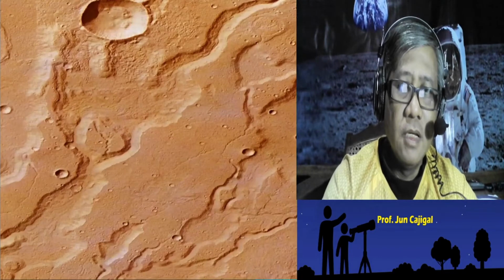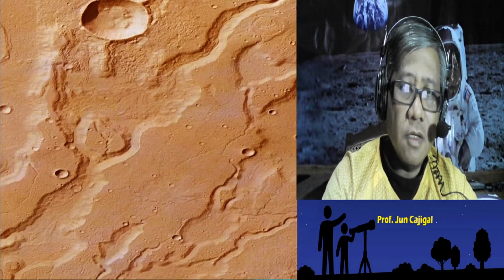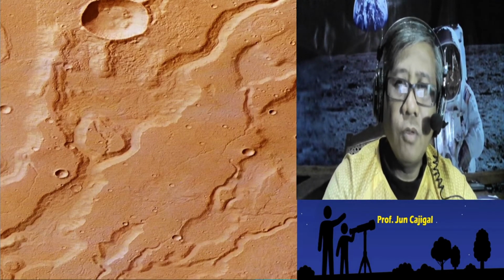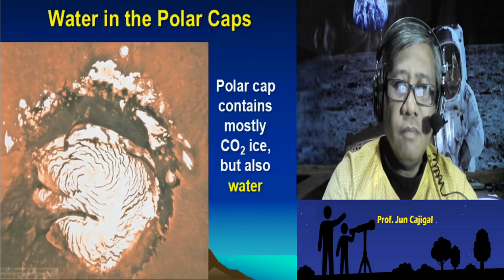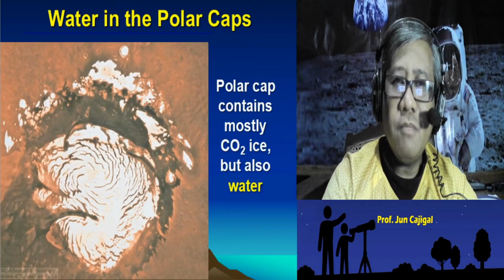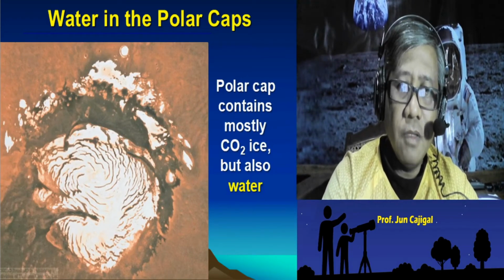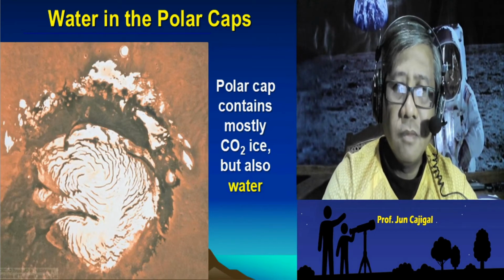Yan. Okay, ito, mga canals din yan, di ba? Okay, parang mga dried up river beds. So, water once flowed on the Martian surface. Okay? So, nasan ngayon yung tubig sa Mars? Now, the water may have been trapped in the polar ice cap. Okay? So, Mars, may polar ice cap sa Mars.